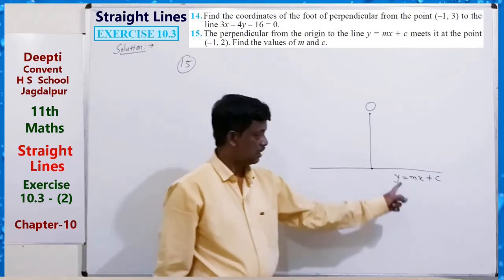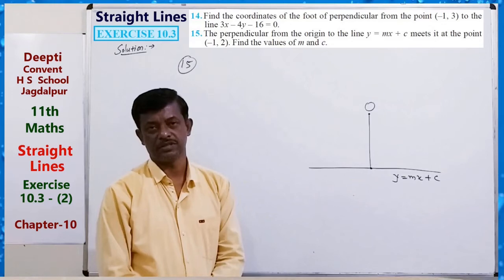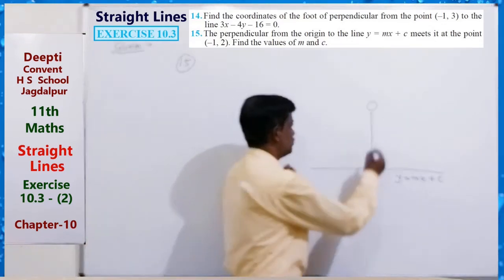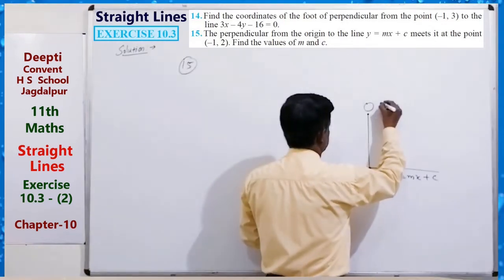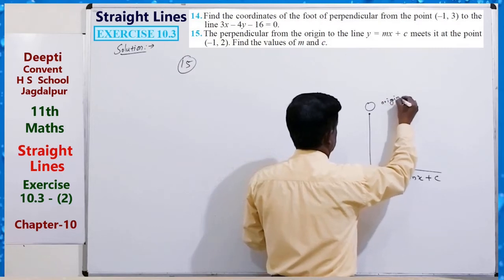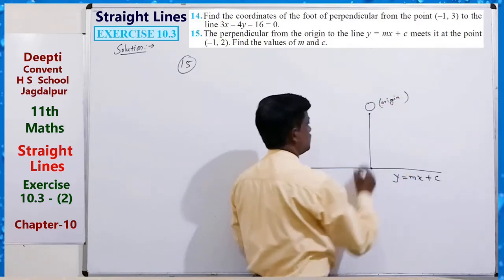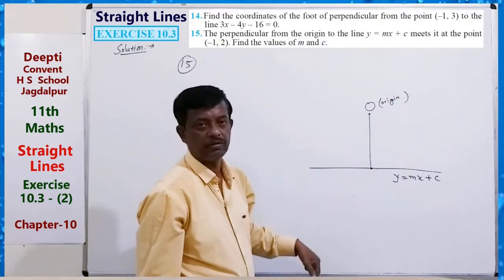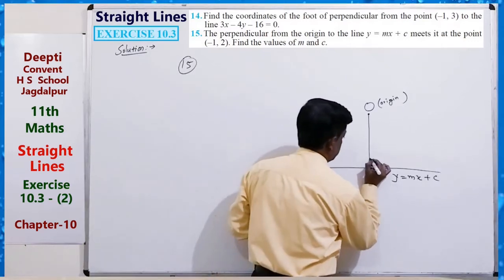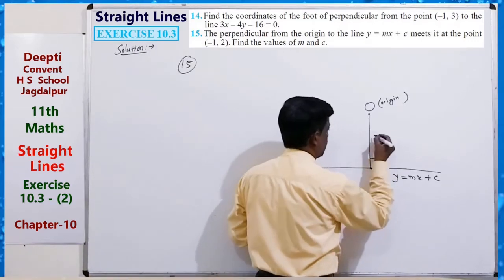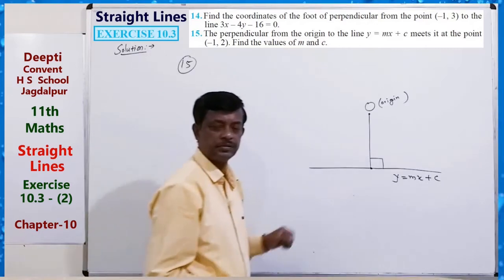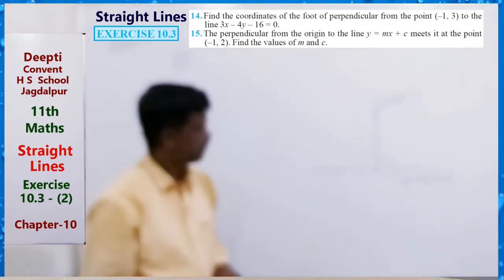The line is given like this, y equals mx plus c, and from the origin, draw a perpendicular to this line. Clear?